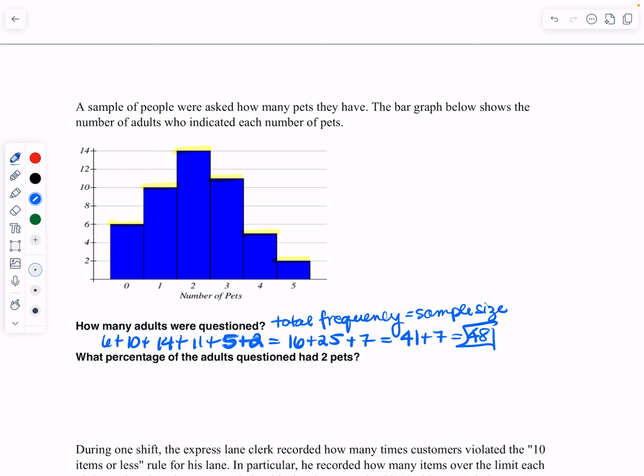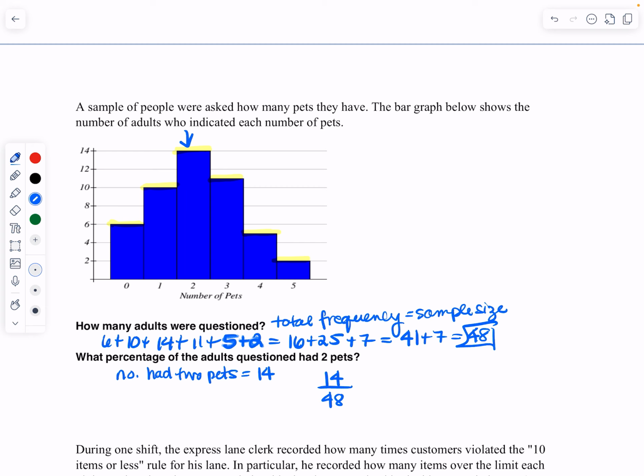What percentage of the adults questioned had 2 pets? So the number of adults that had 2 pets equals 14. So again, I'm going to put that over the total population, or the sample size, which is 48, and I'm going to divide this.